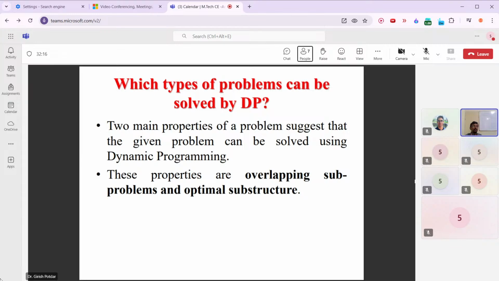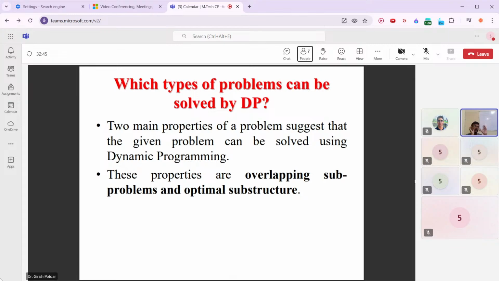The two main properties of a problem which suggest that the given problem can be solved using dynamic programming are having overlapping subproblems and optimal substructure. We should have overlapping subproblems and optimal substructure. That means there has to be a kind of overlapping from the current sequence to the next.